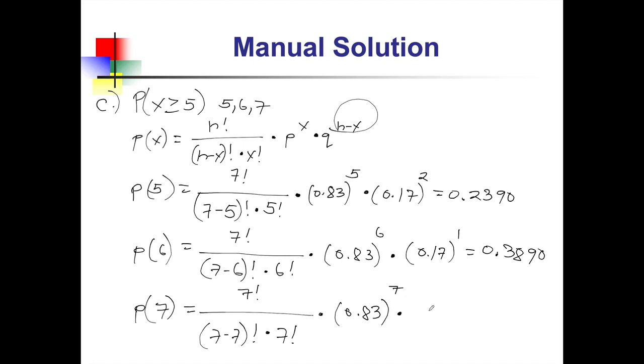Multiplied to 0.17 raised to n minus x, where n natin is 7 and ang x natin now is 7. So, 7 minus 7, that is 0. So, 0 factorial magiging 1 yan. And if you input this sa calculator, this will give us a 0.2713 na final answer.